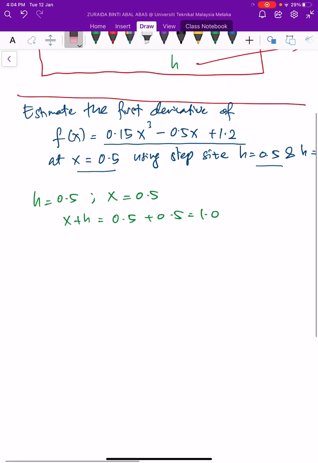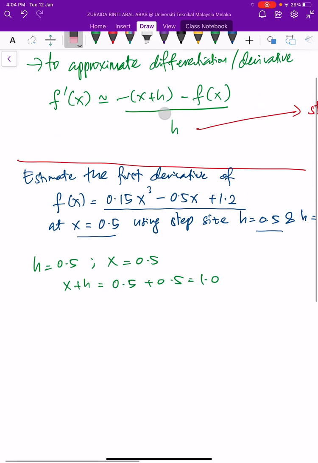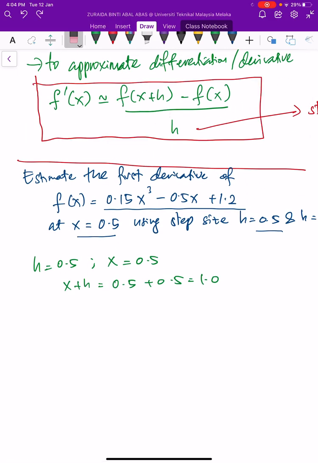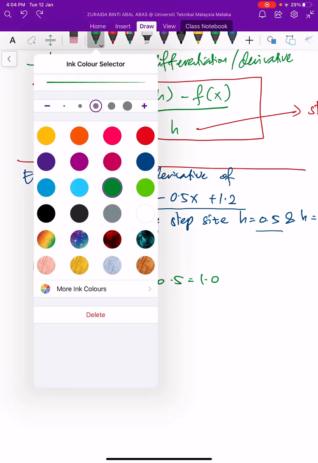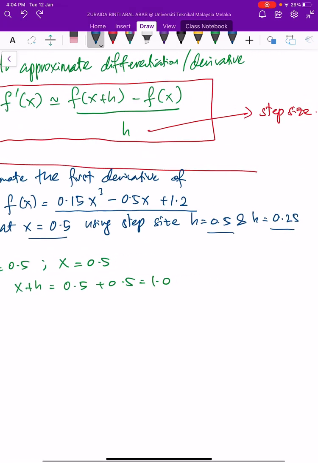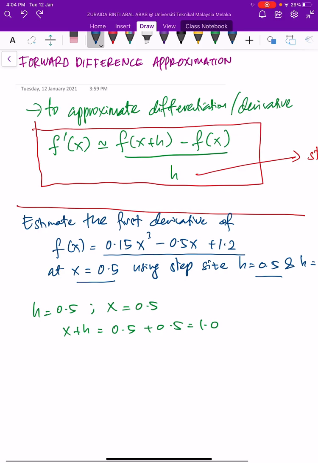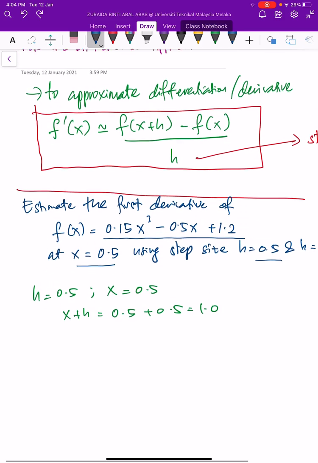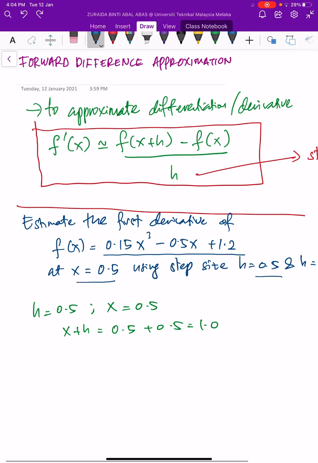Because remember that we have this formula here, and this is the one that we need to find out: f of x plus h. Since our x plus h is 1.0, we need to evaluate the function at 1.0.